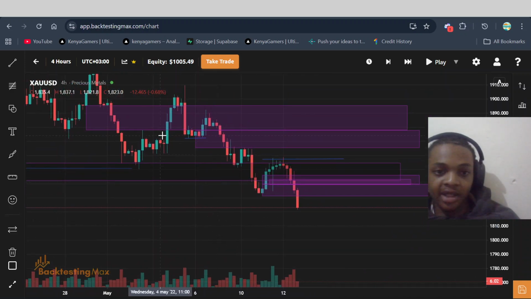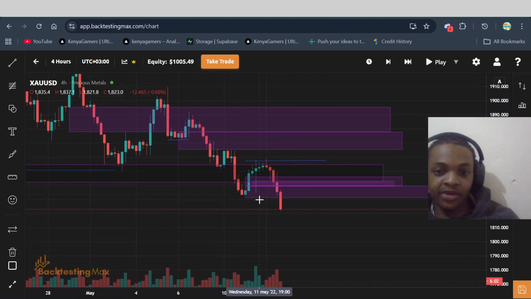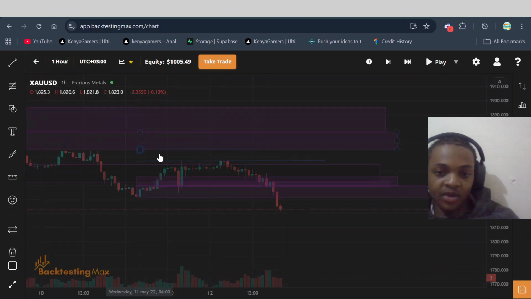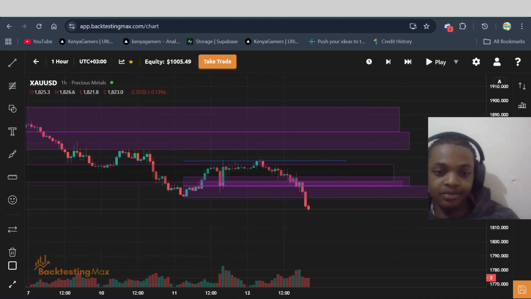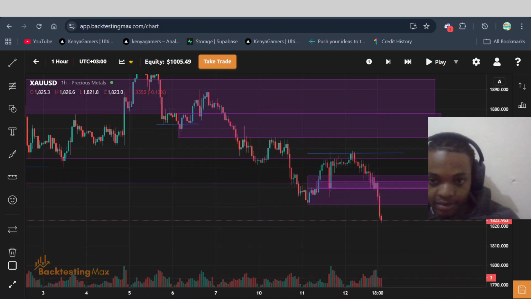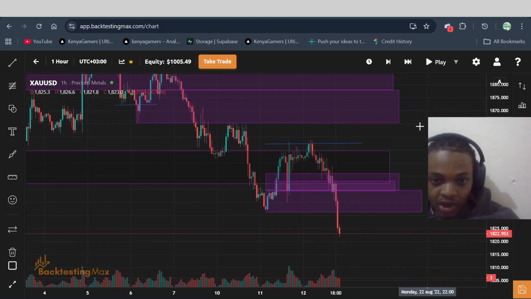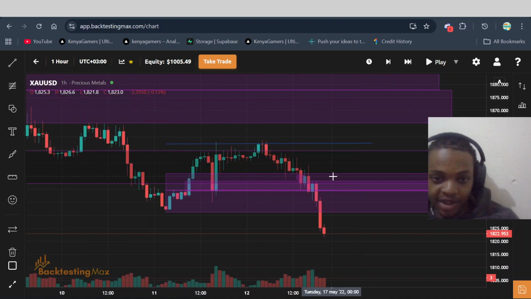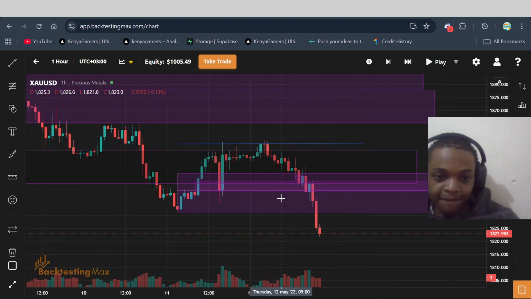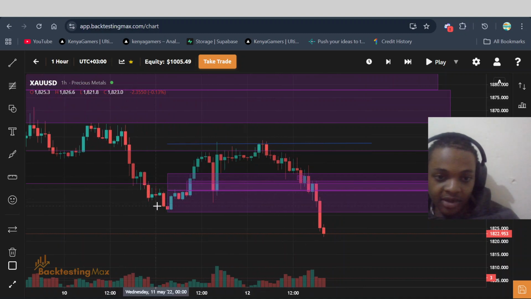We looked at those higher highs, higher lows, and so the trend is going downward. Then we came to the 15 minute, we came to the 1 hour fair value gap. We kept on seeing bullish fair value gaps being created, and then there was this order block here.